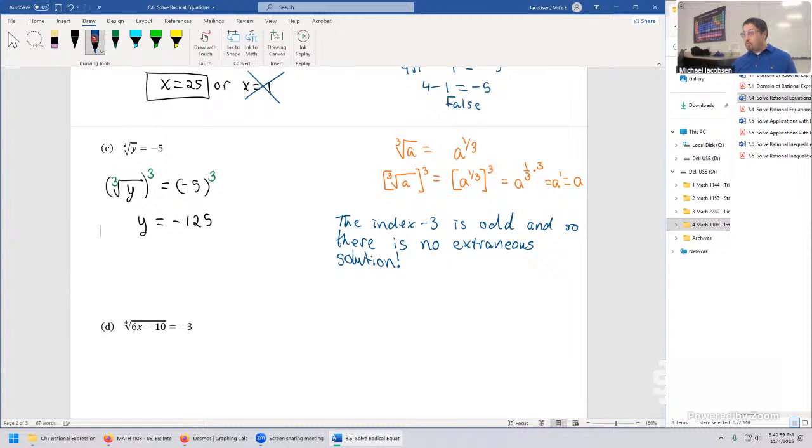The whole problem is over right at that step. So once you get the value, if you had an odd index, you don't have to do anything further. But that dash is weird. Let me take that off from right here.